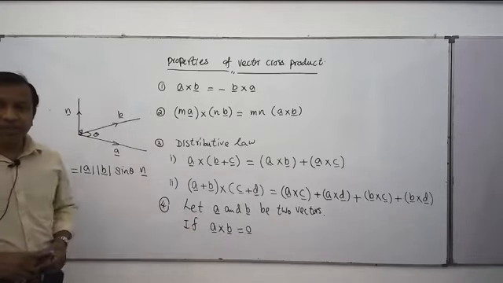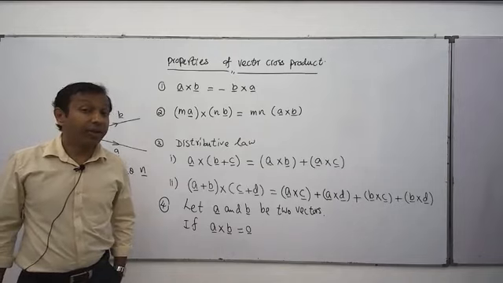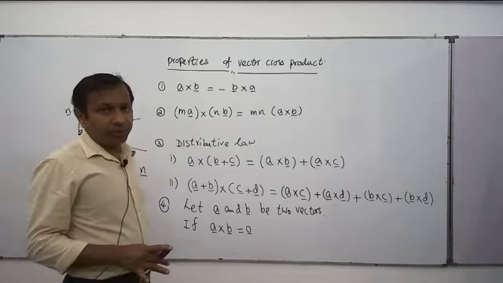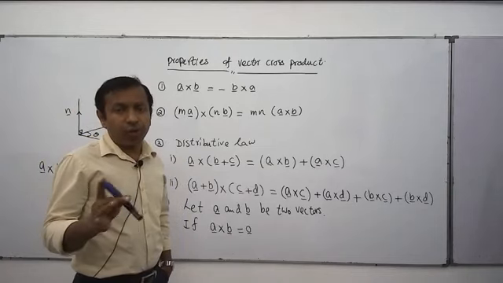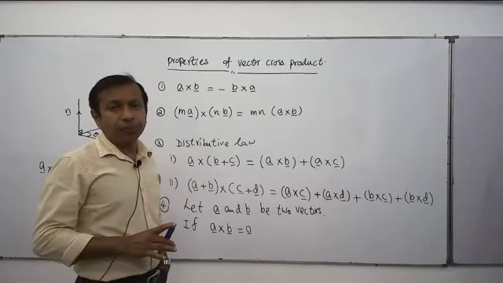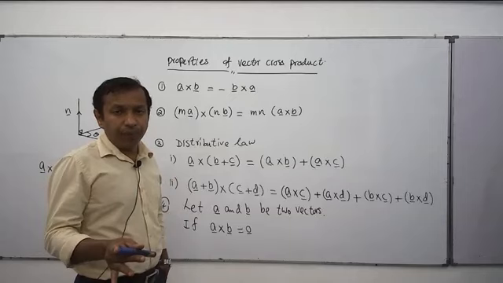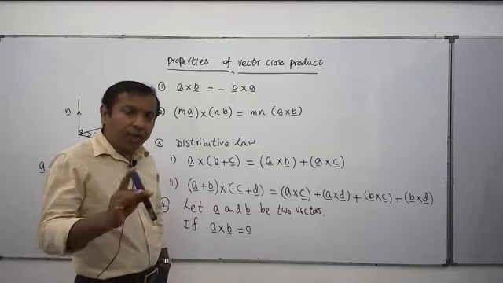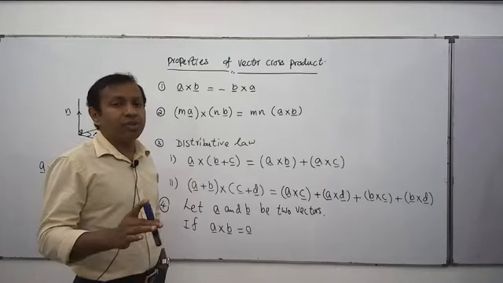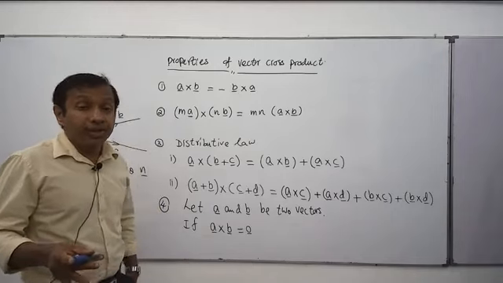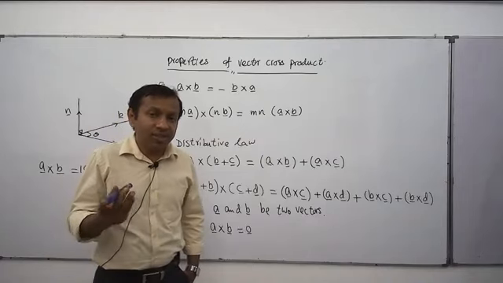we don't say A cross B is equal to 0. We don't say like that. Why? A cross B means the vector cross product. The final answer of the cross product of two vectors will be another vector. If the value of the vector is 0, it is called the 0 vector or null vector. There we have to use the word vector. If we just say 0 without saying vector, 0 is a scalar.